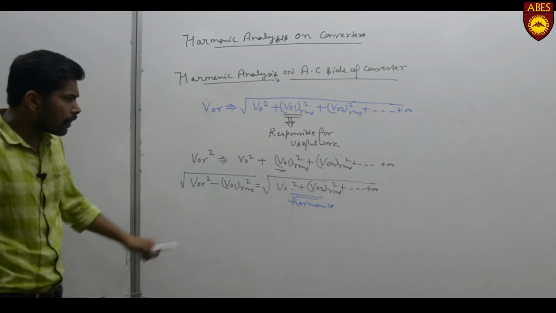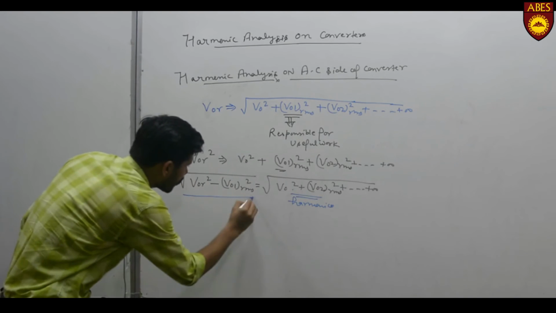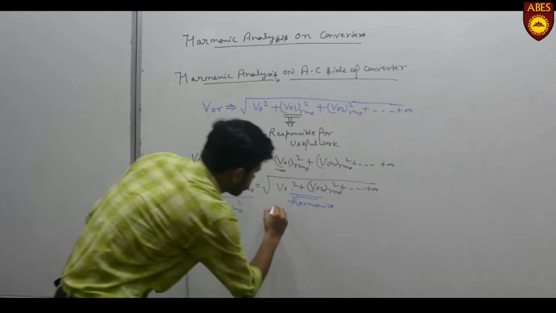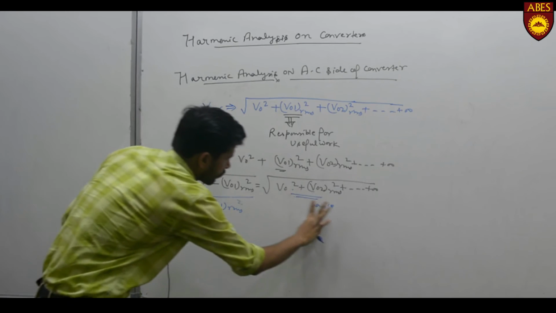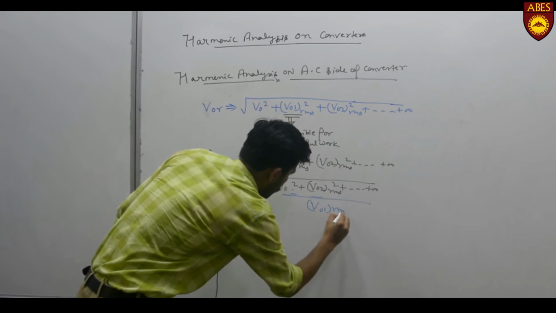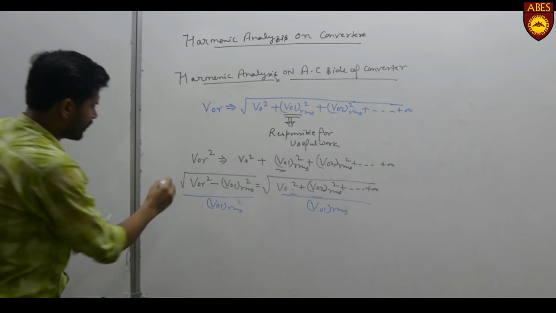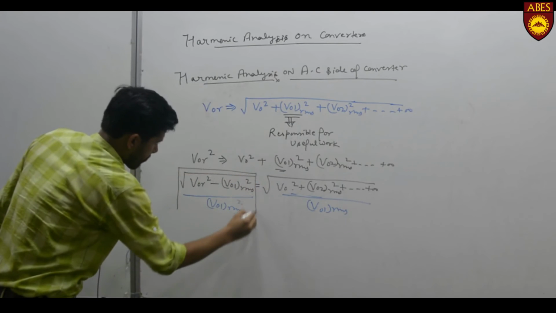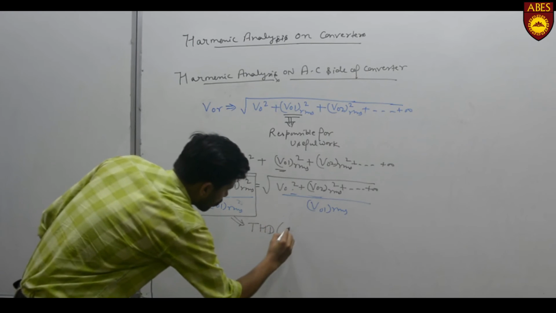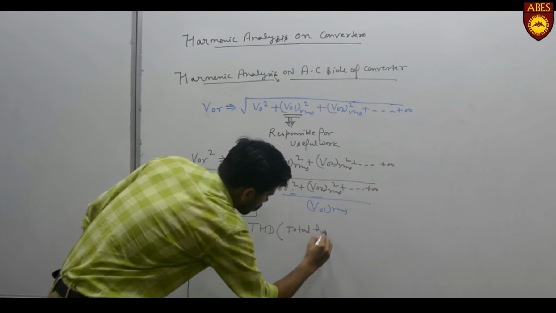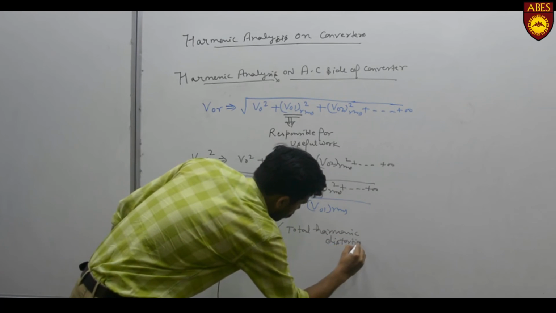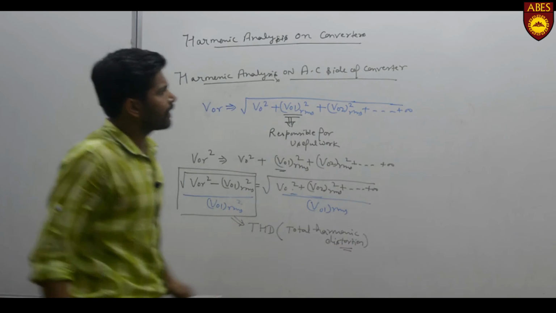Now if we divide that equation by the fundamental component of RMS voltage, that term is THD, total harmonic distortion. So what is THD?